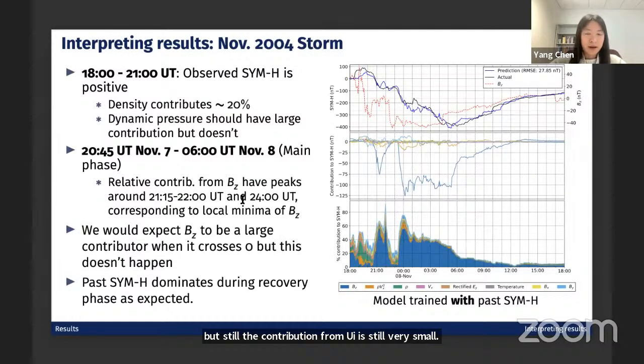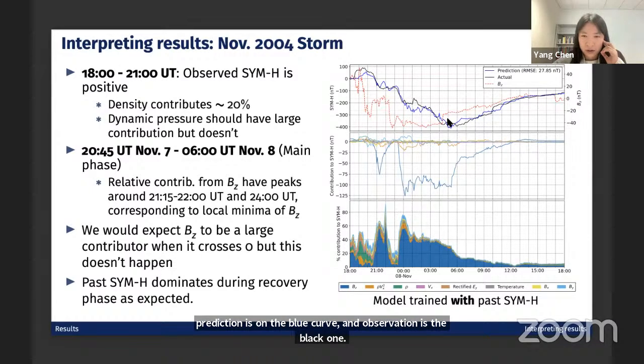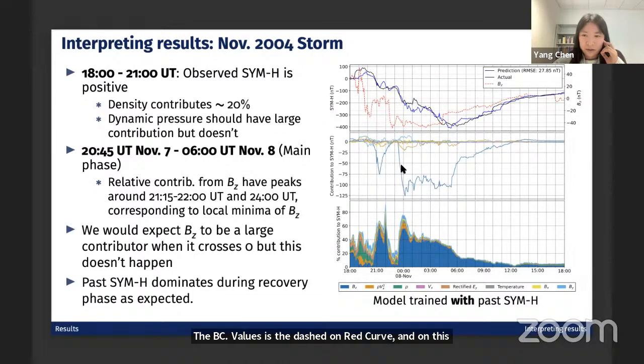And then we are actually looking at the 2004 November storm. This is the storm. The prediction is the blue curve and the observation is the black one. The Bz values are the dashed red curve. And on this plot, we're showing the contributions of each of those predictors to the Sym-H prediction.